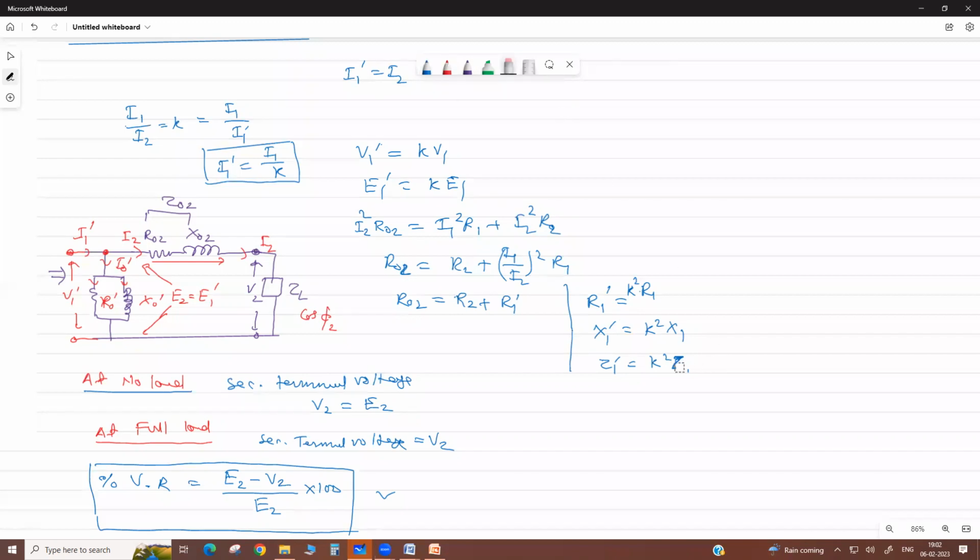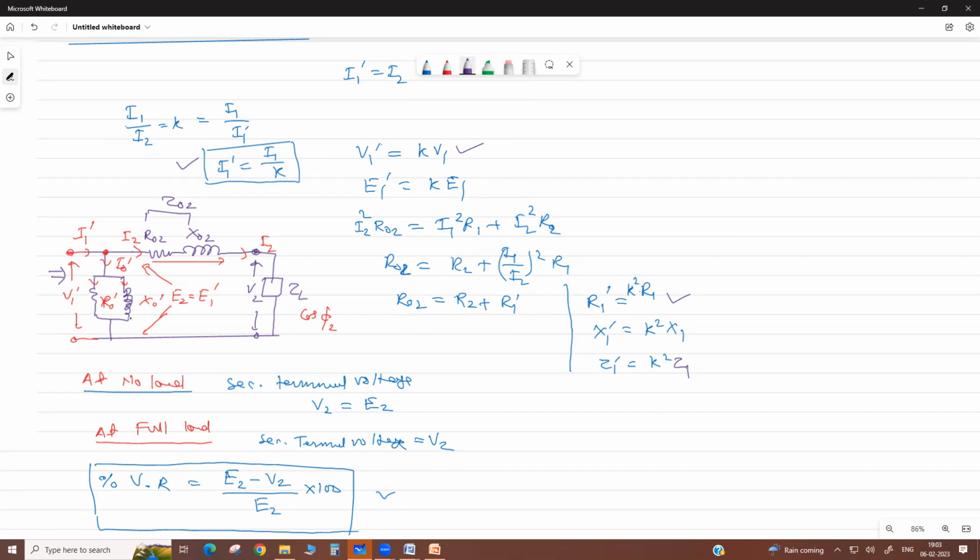Any doubt, please you can ask. Okay, current is divided, voltage will be multiplied by K, resistance, reactance, impedance are multiplied by K squared.